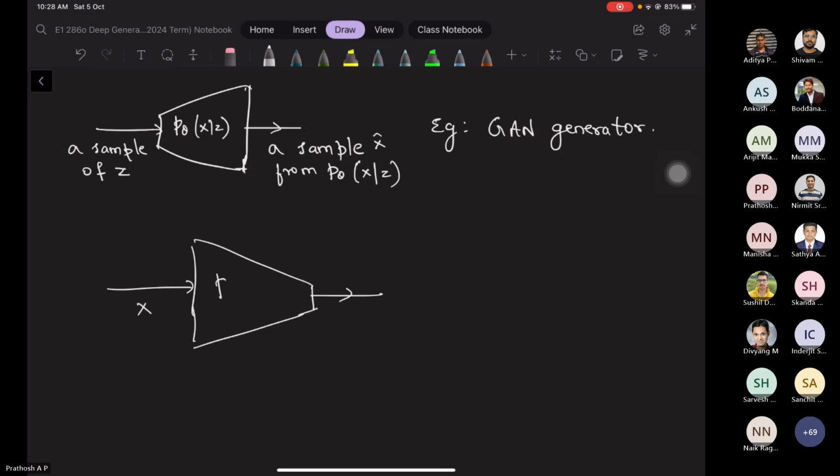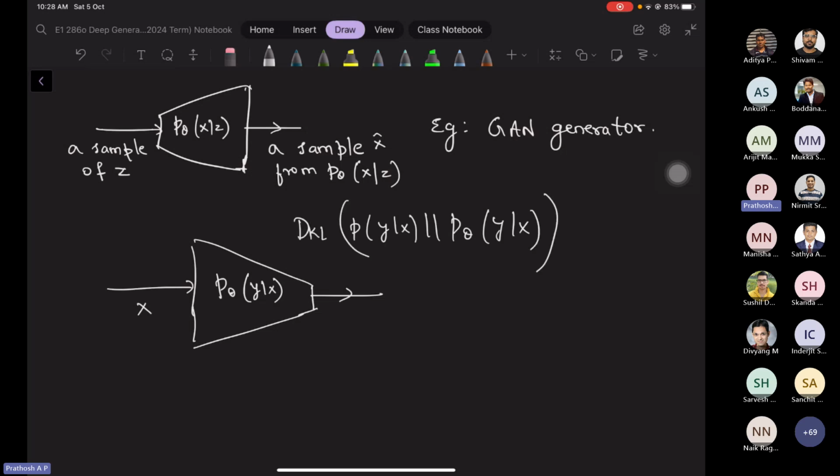Correct? In fact, the so-called cross entropy loss that you use is actually minimization of KL divergence between the true label posterior and the neural network model posterior. When you minimize, this is cross entropy because the other term, the entropy term, will be independent of theta.